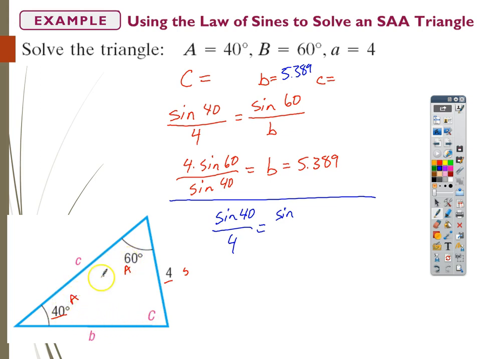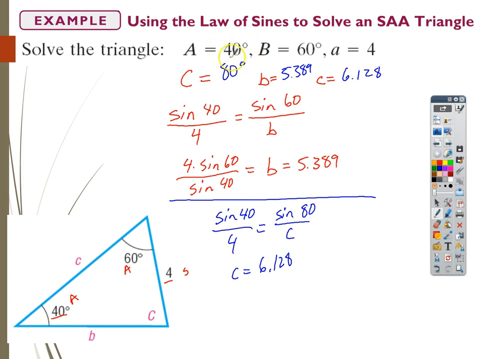This one has 60 and 40 already, which means that C is going to be 80 degrees. So that was easy enough to fill out. All over C. I do the same thing. I grab my magic calculator, and it's going to tell me that C is equal to 6.128. Great. C is equal to 6.128.